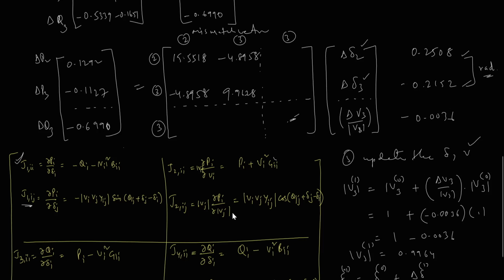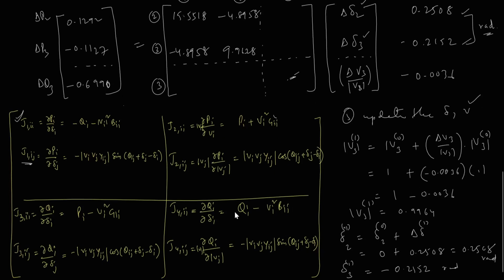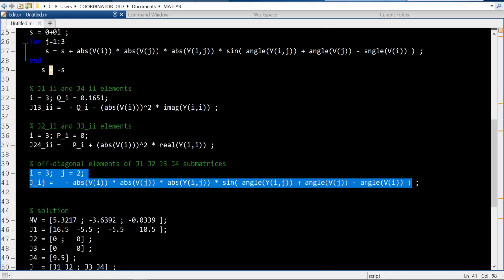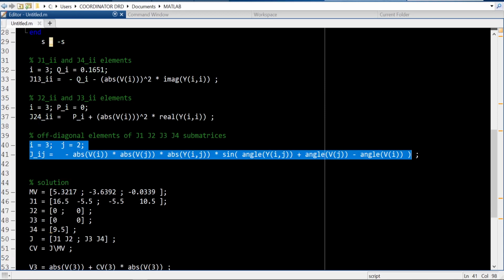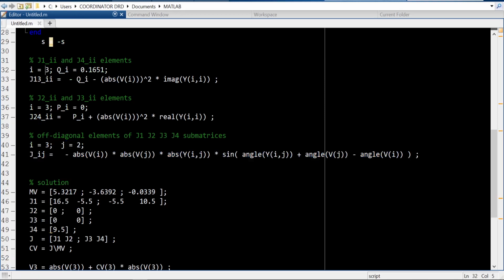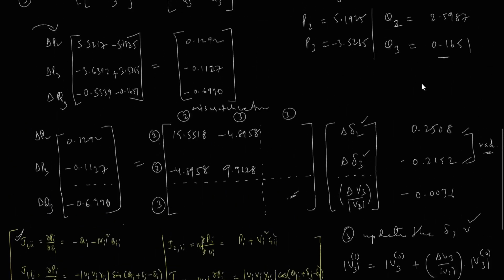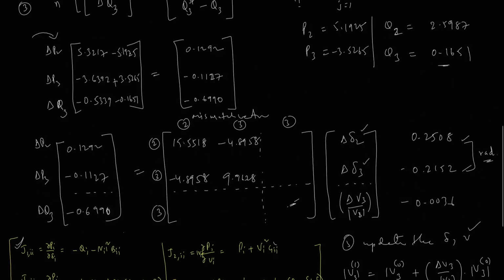And what about this entry? This is J433. This is plus and this is minus, so diagonal equation plus and minus. What is Q3? Q3 is the same value, 0.1651, right?